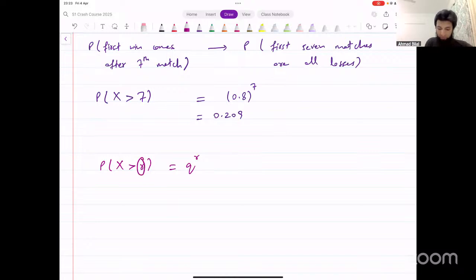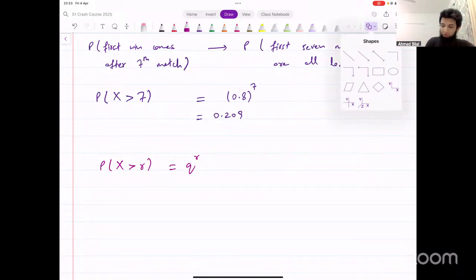In place of 7, we have r here, if we want to generalize this. And 0.8 was q. So that gives us a formula that we can use directly for problems like these. Probability of x greater than r in a geometric distribution is given by q raised to power r.